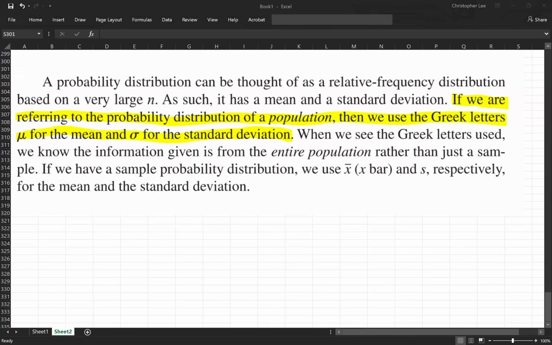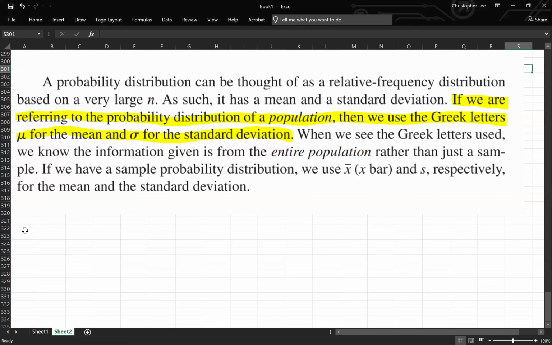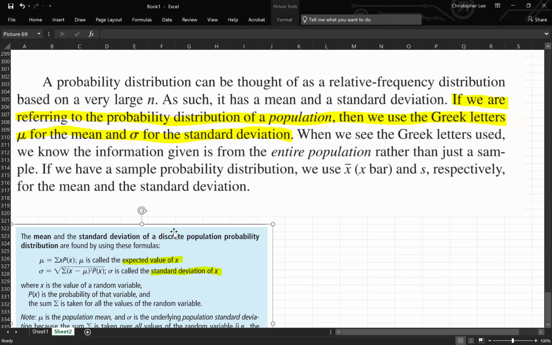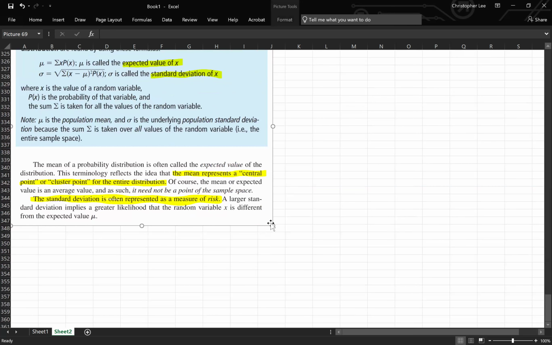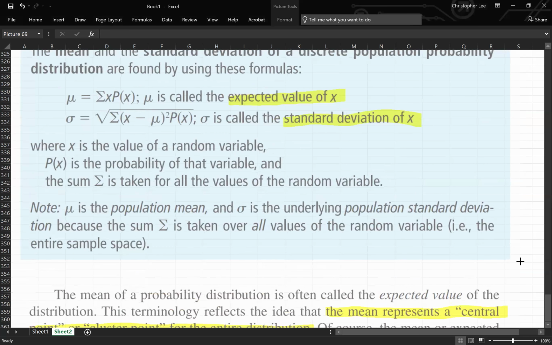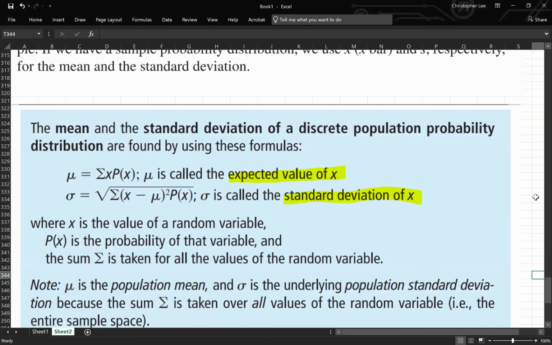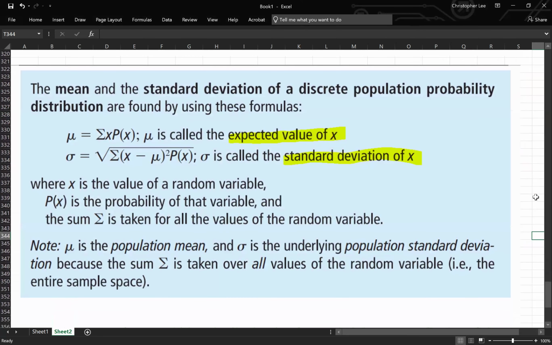This next part here is also on your formula sheet. If you're wondering where we are, we're in chapter 6 right now. Look at your formula sheet, we're in chapter 6. Again, this is on your formula sheet.